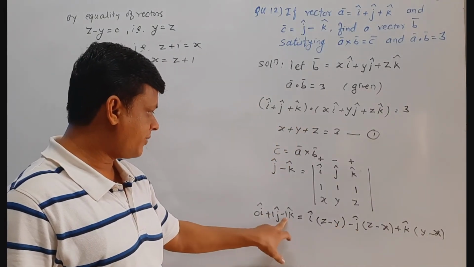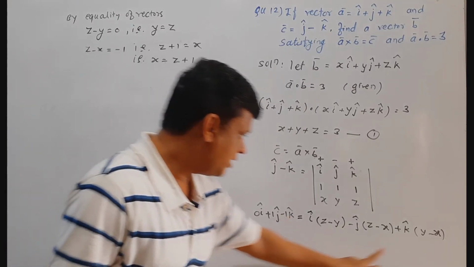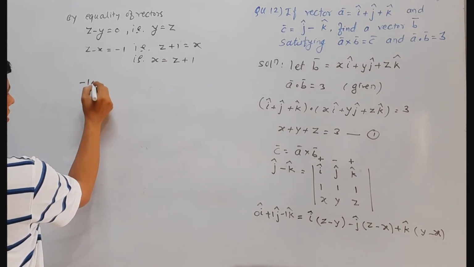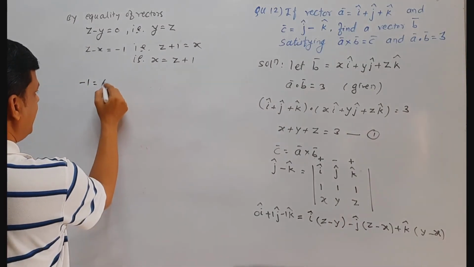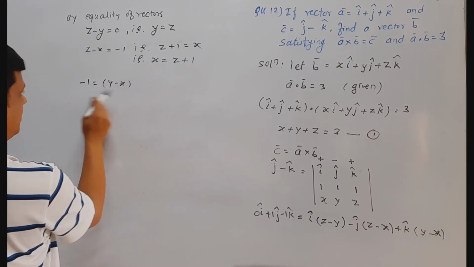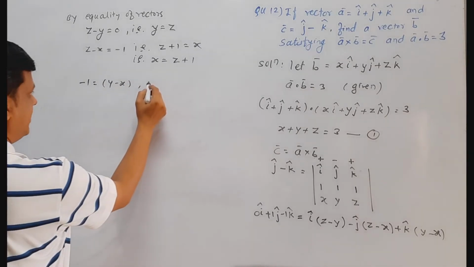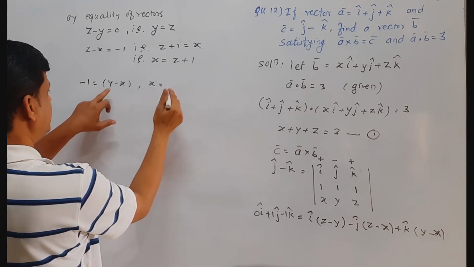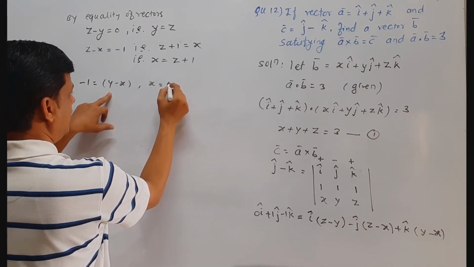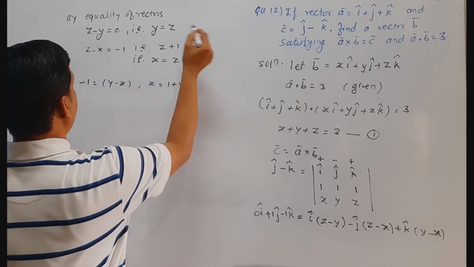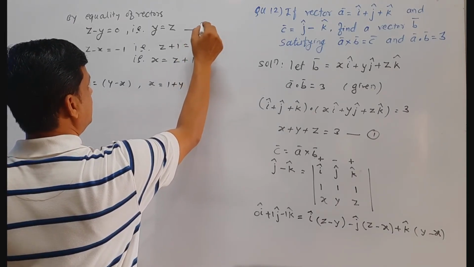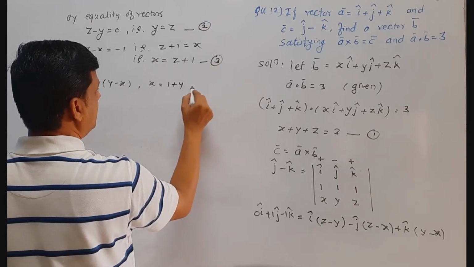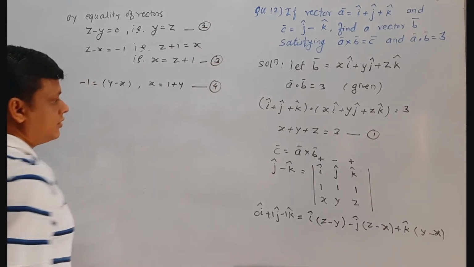Here the coefficient of k is minus 1, so minus 1 is equal to y minus x. So we transfer this x to the left hand side, so we get x is equal to y plus 1 or 1 plus y. Now we denote this as equation number 2, this as equation number 3, and this as equation number 4.